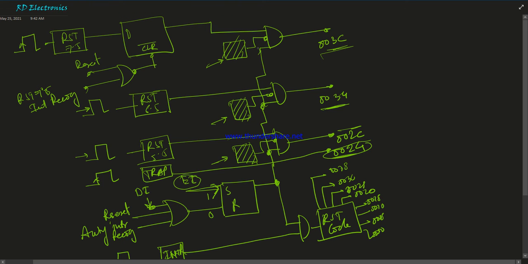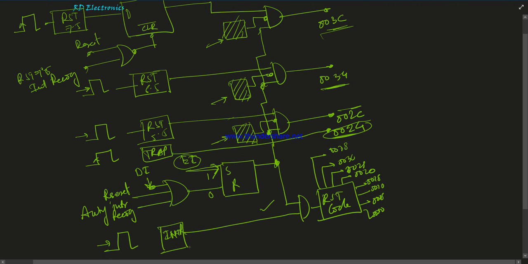Therefore no interrupt, that means RST 7.5, 6.5 and 5.5 are not activated, and similarly INTR also, because this output is connected to this AND gate. Okay, so only one interrupt, TRAP, is not maskable. That's why it is called NMI, non-maskable interrupt, and it cannot be disabled even by disabling interrupts. Okay, so this is very important.